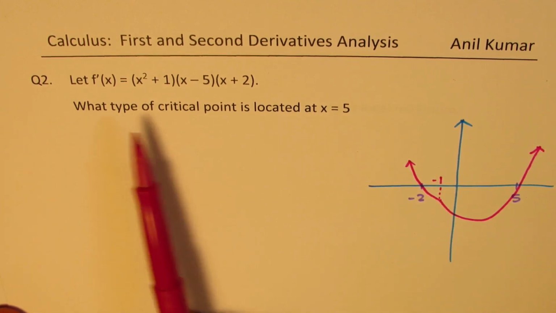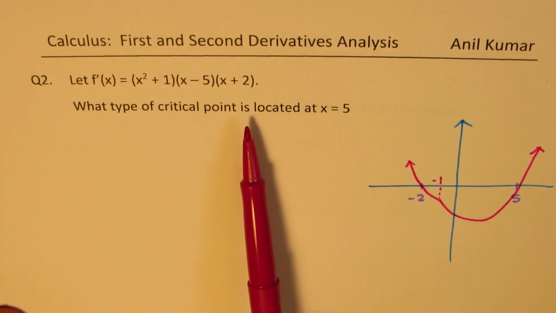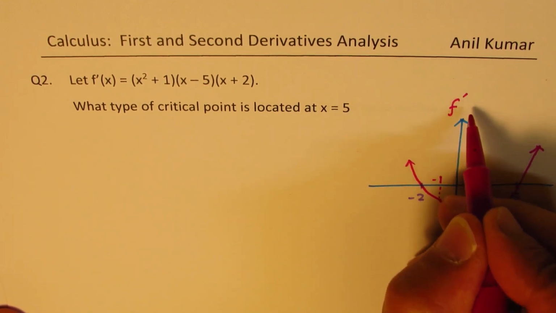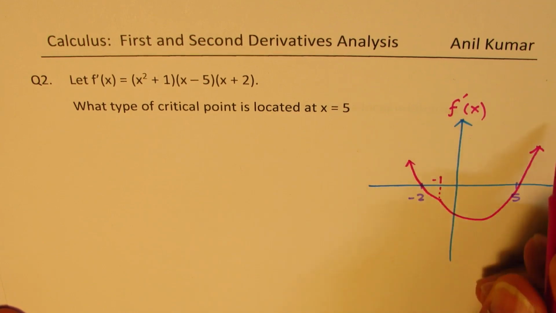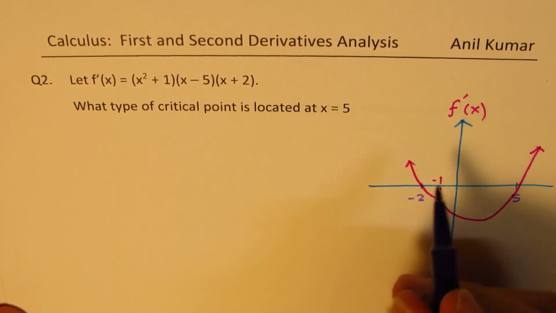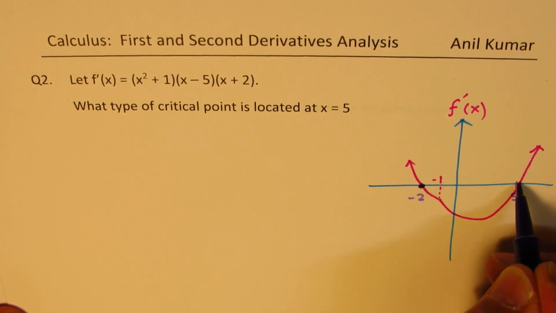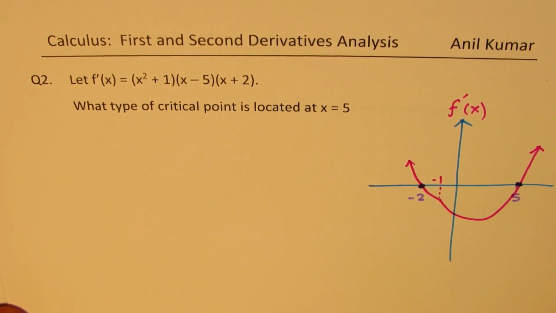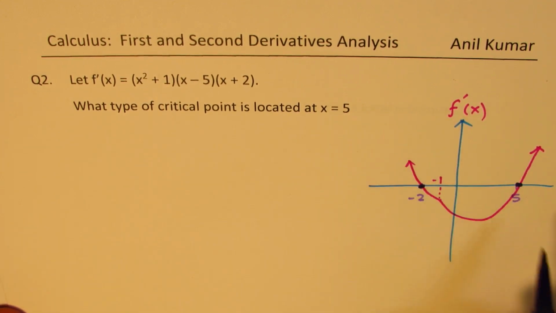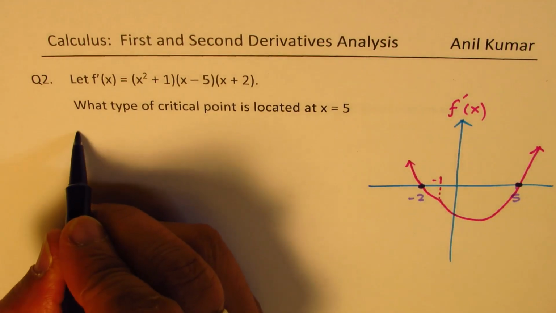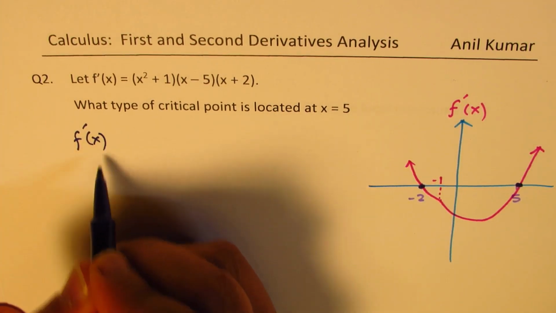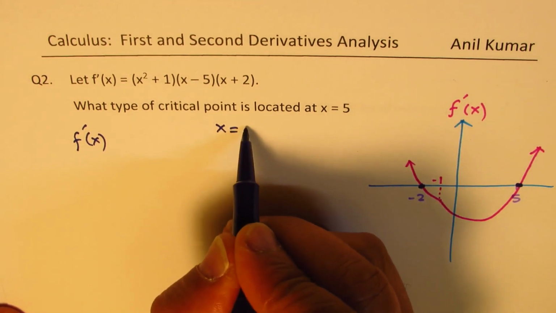Now, what type of critical point is located at x equals 5? Now this is the graph of the derivative, right? So there are two critical points here. One is at minus 2, the other one is at 5. What is this representing at x equals 5? Now let us see at x equals 5 what is happening.